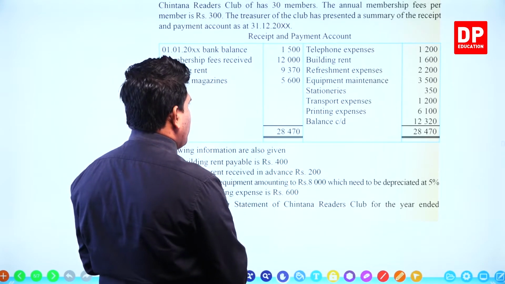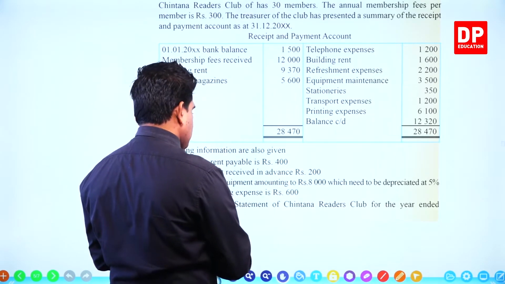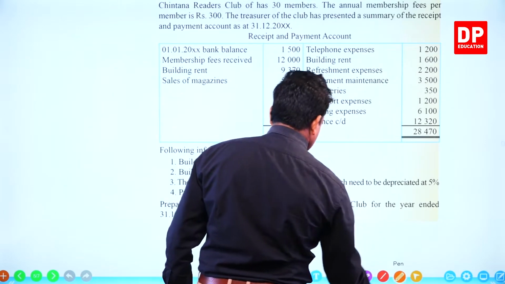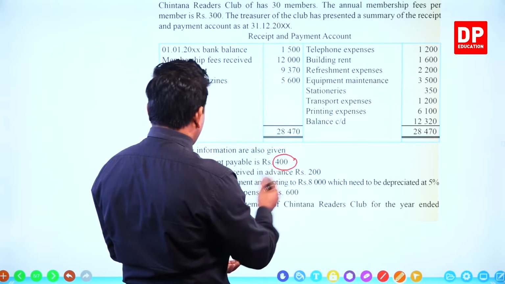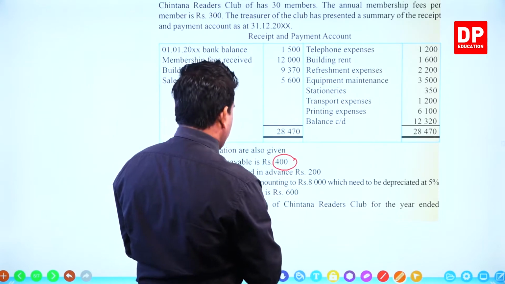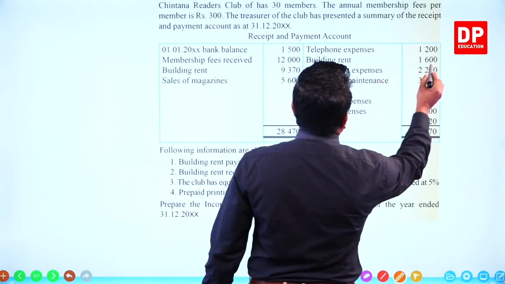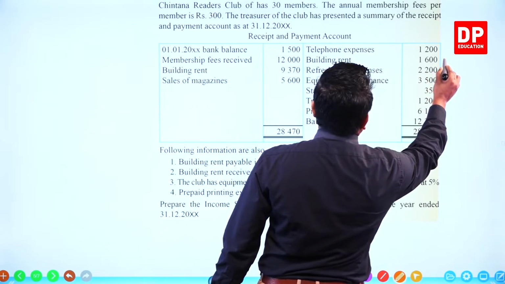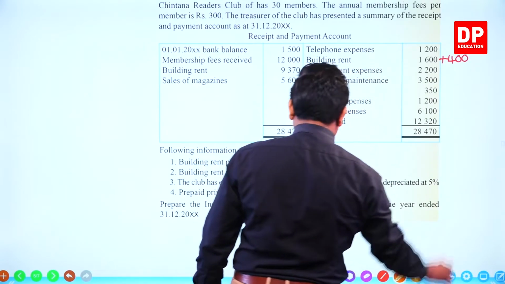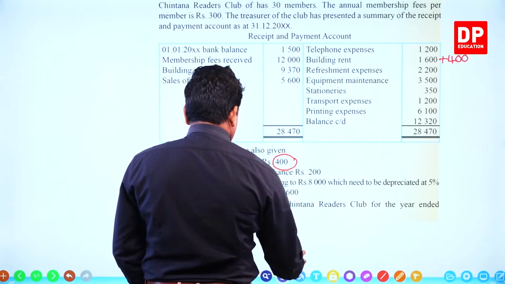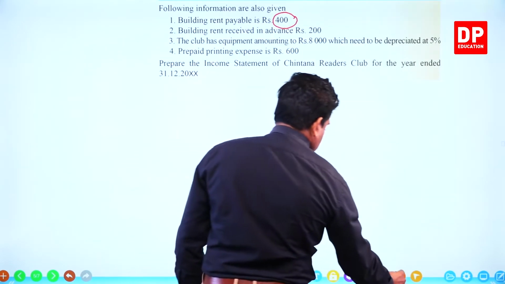Building rent how much? 1,600. You have to pay more, how much? 400. Payable means accrued. Then you add to this building rent 1,600 plus 400. How much? 2,000.